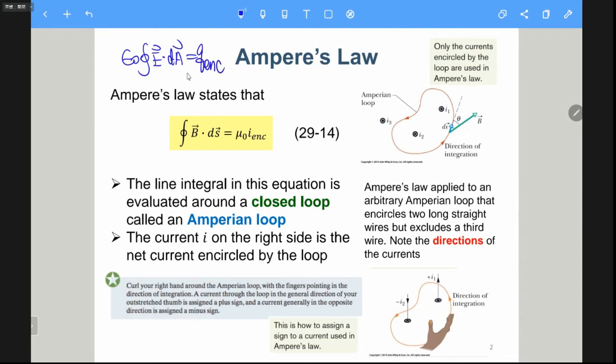So there are some similarities in the structure. You can see here is the closed integral. Although this is a surface integral, this is a line integral.